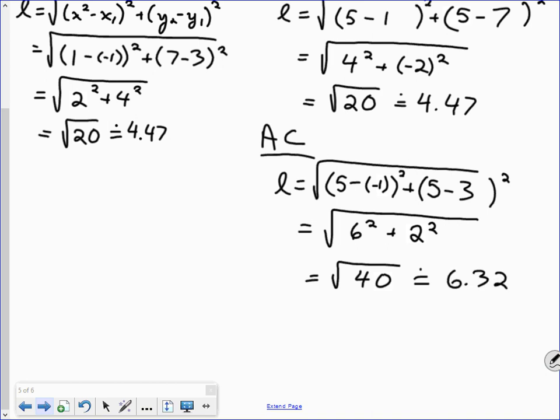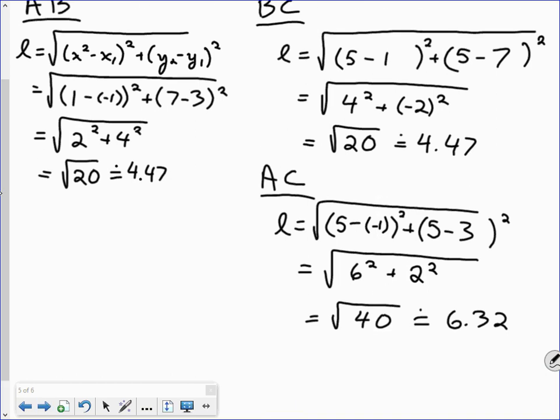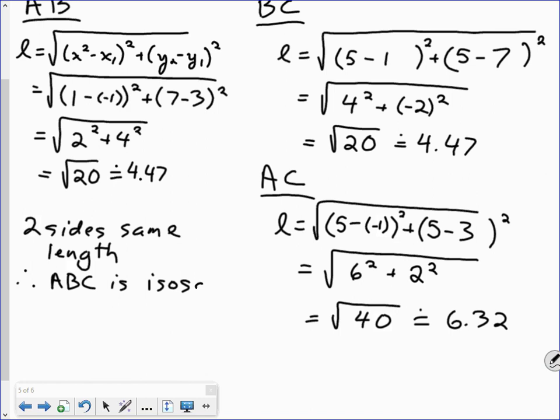So what can we conclude from this? Well, we've got two sides the same length. Therefore, ABC is isosceles.